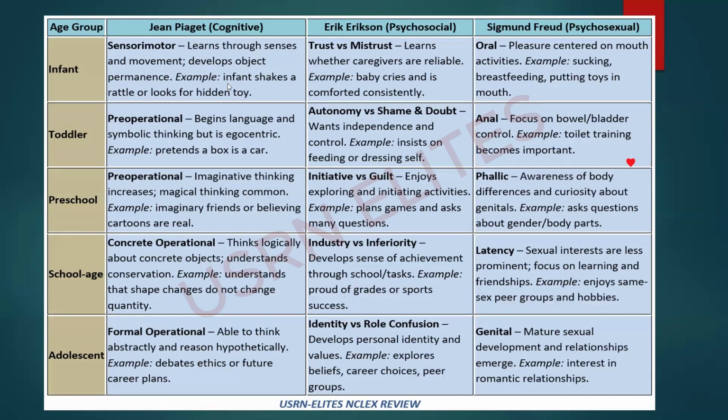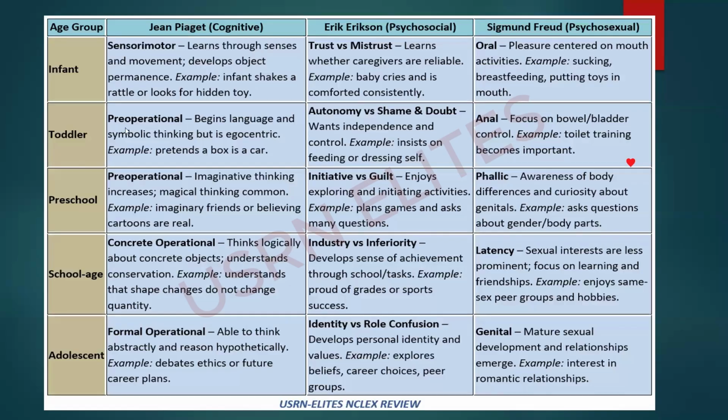They can give you that. So cognitive wise, the infant should learn through senses and movements and develop object permanence. You can cite other examples too, like infants shaking a rattle, or looking for a hidden toy. When you hide something at your back, they'll try to trace it at your back and see if they can find it. That kind of sense.